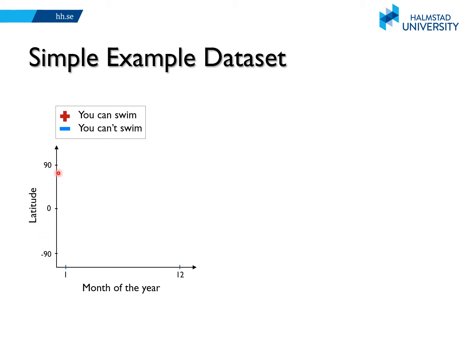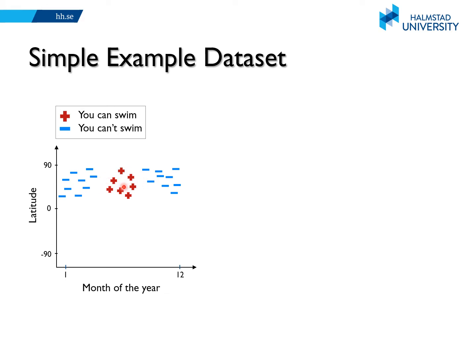So values here indicate that we are towards the North Pole, and here we are towards the South Pole. So in those regions here, you cannot swim in the early months and the late months, but you can basically swim around June and July, so in the summer.